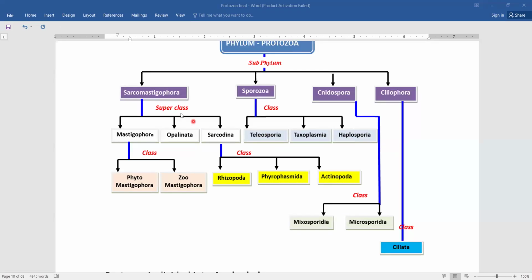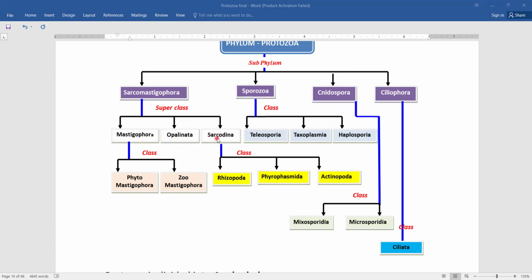And then Sarcomastigophora is a little bit bigger. It has three superclasses actually. What are those? MOS, you remember like that: Mastigophora, Opalinata, Sarcodina.